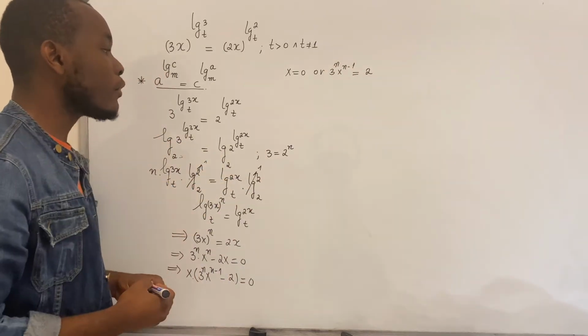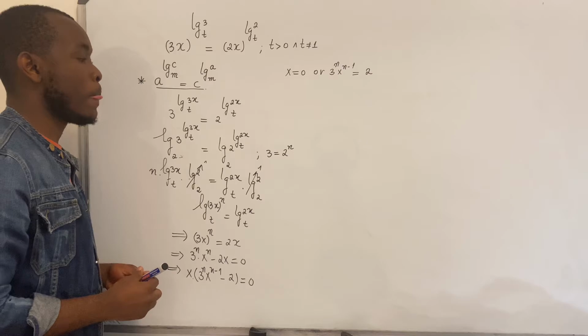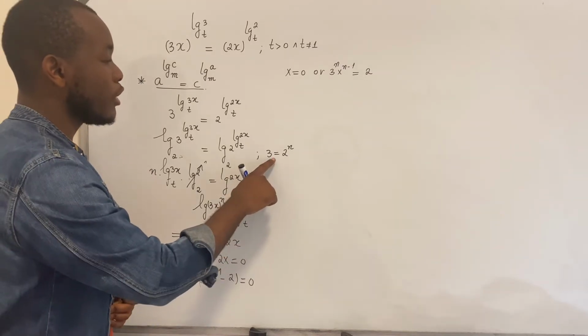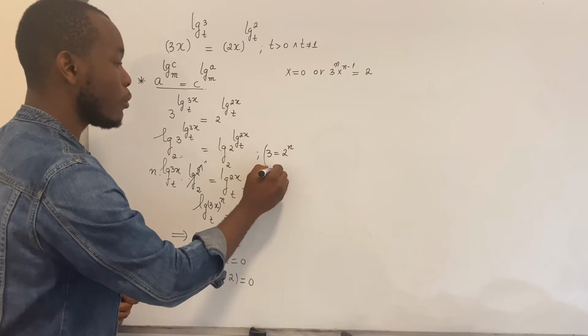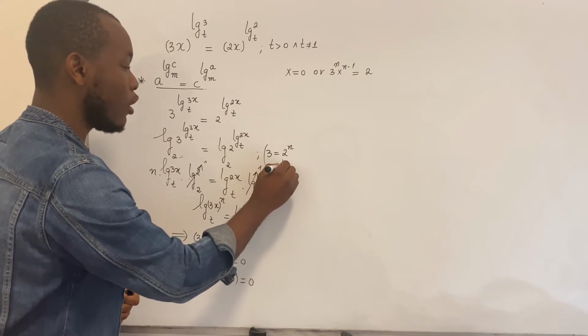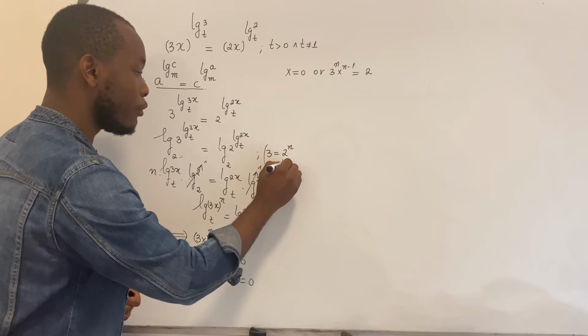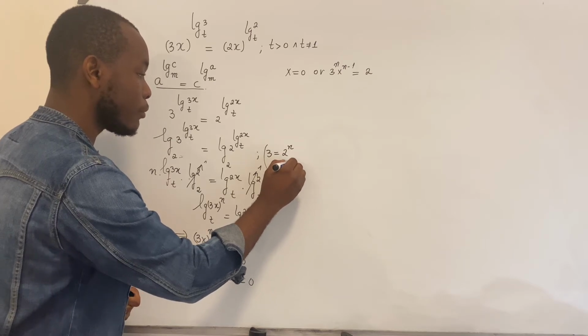Okay. But what's the value of n? We let 3 be equal to 2 to the power n, so we can isolate n here. So we can say that n is log of 3 to the base 2.